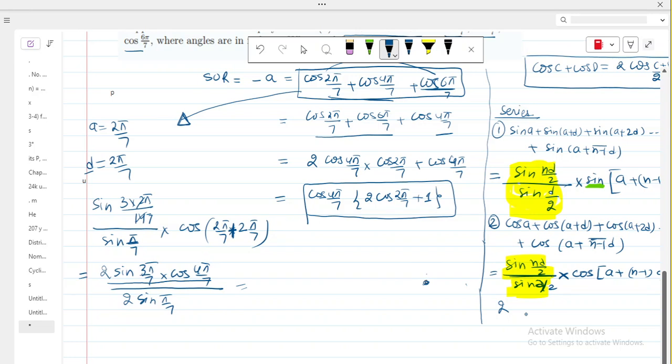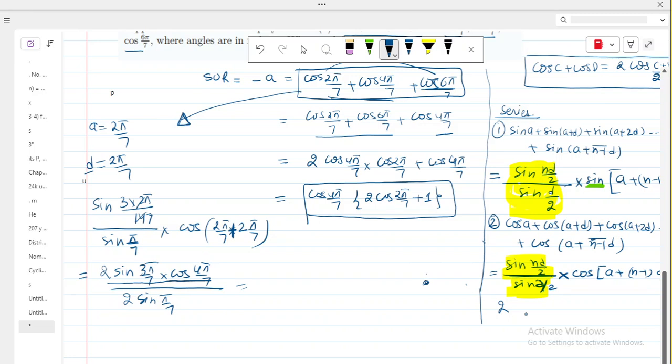What is the formula for 2 cos A sine B? 2 cos A sin B is equal to sin(A plus B) minus sin(A minus B).